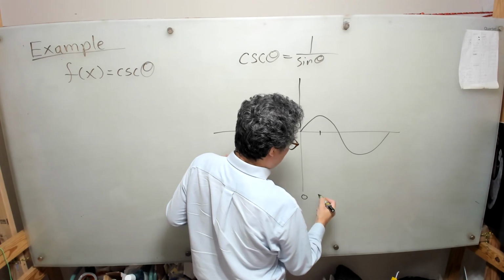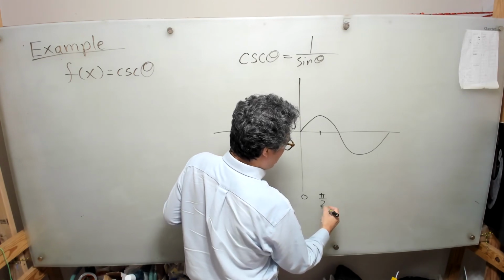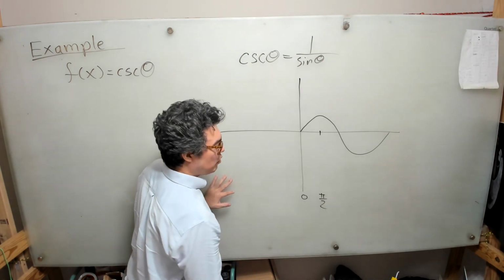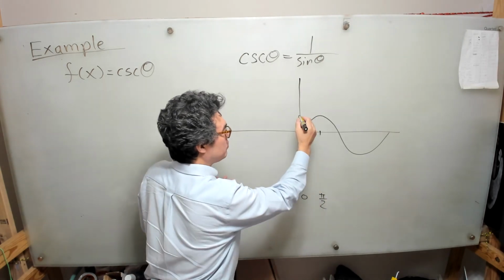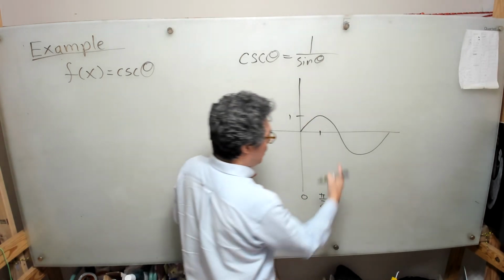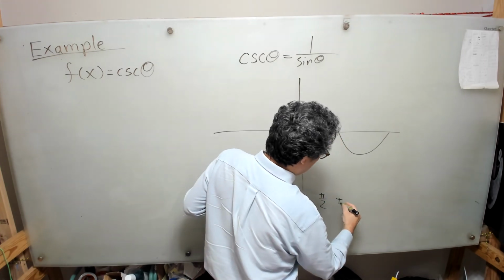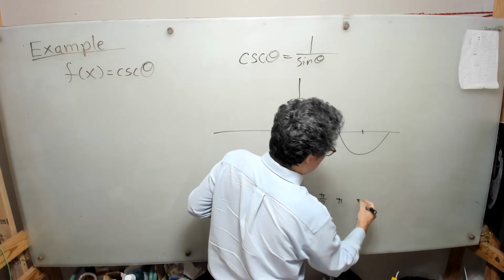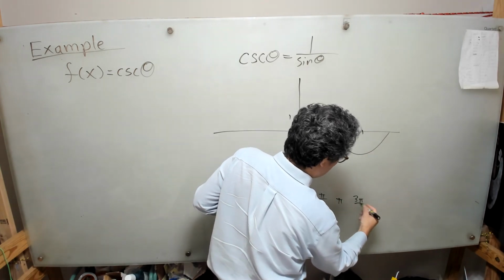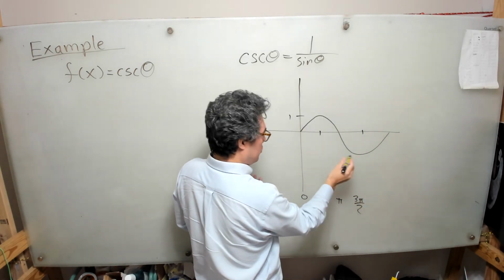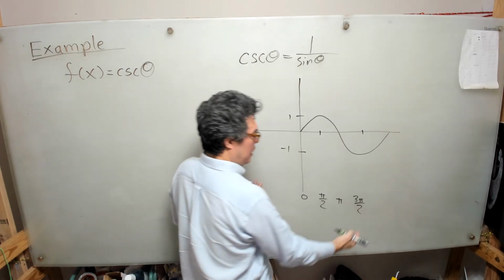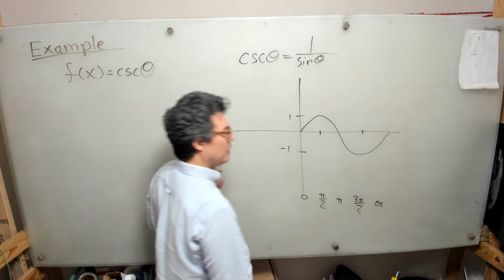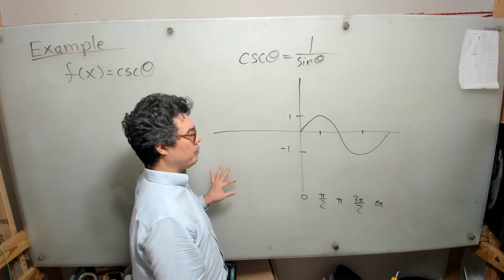At theta equals pi over 2, the sine is 1, right? At theta equals pi, the sine is 0. At theta equals 3 pi over 2, the sine is negative 1. And at theta equals 2 pi, the sine of theta is again 0, right?